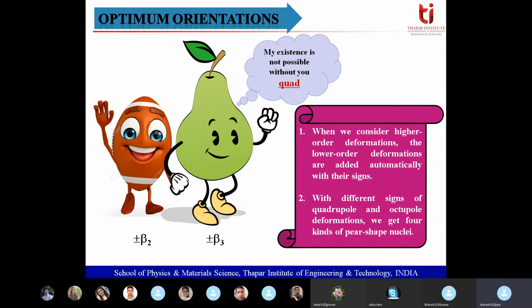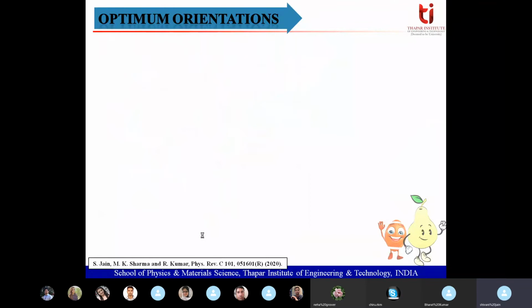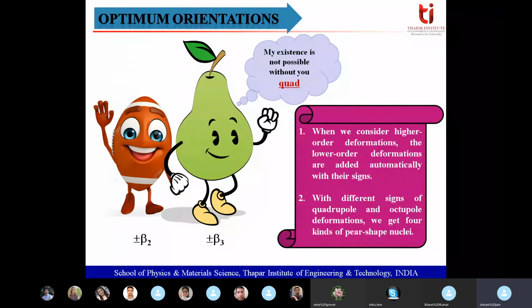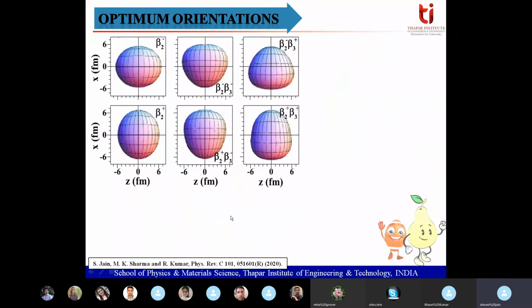Due to the plus and minus signs of beta 3 and beta 2, we obtain four different kinds of pear shapes, which we have shown in our recent paper. The first represents the quadrupole deformed nuclei, and the other four shapes are for octupole deformed nuclei.